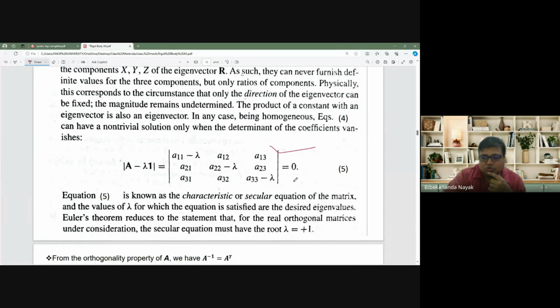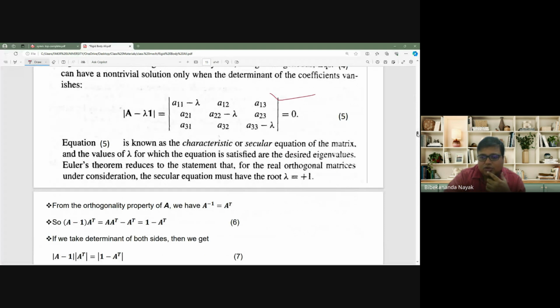Our aim is to find the value of lambda, which must be plus 1. If one of the roots is plus 1, then we can say A is a orthogonal transformation and this represents a rotation. So now our aim is to prove that one of the roots of this equation must be plus 1.